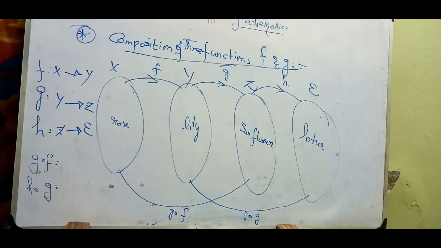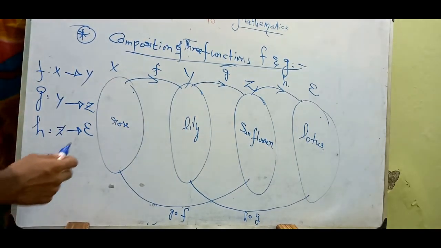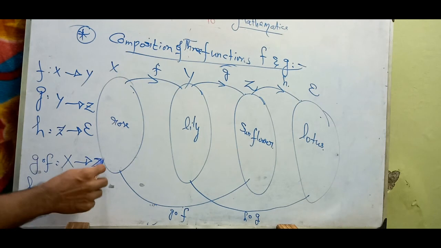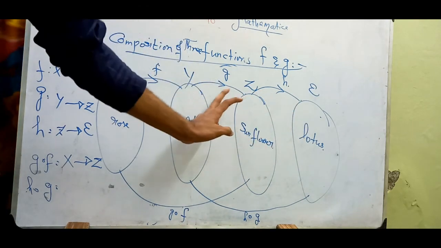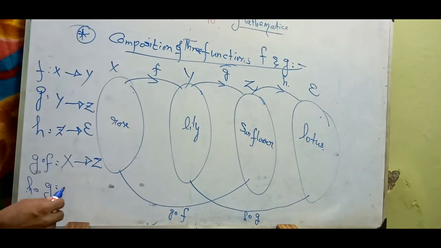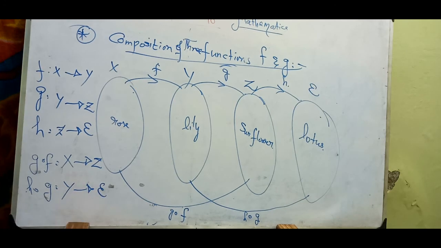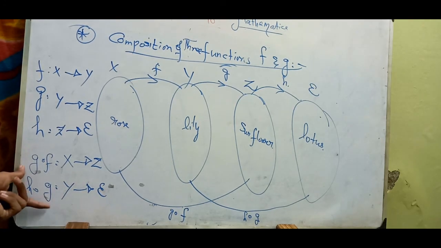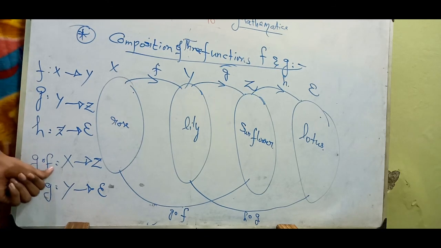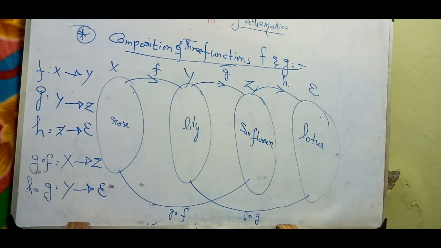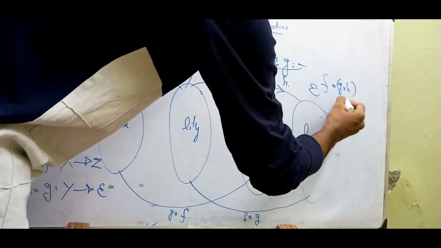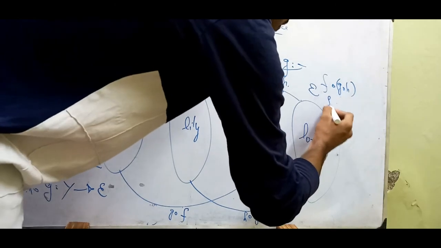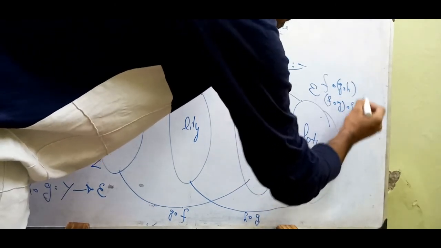So g composition f is a map between X to Z, and h composition g is a map between Y and E. So we need to find the common one. What is g composite f and h composite g? We will get f compose g compose h, or you can say f compose g compose h.